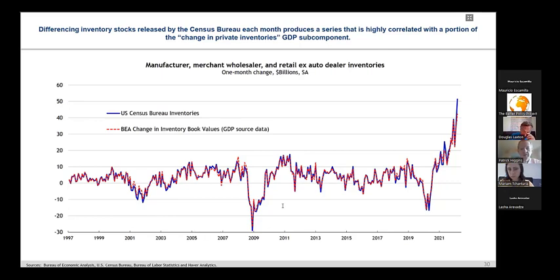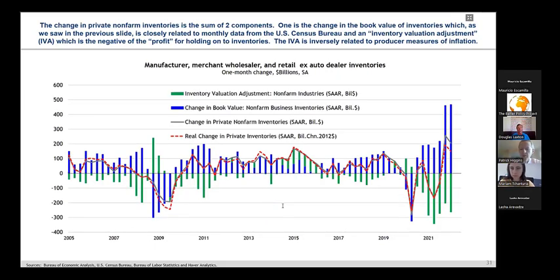One of them, the red series, is what's actually going to feed into GDP, and the blue line is the book value. These are for almost all industries, like manufacturers, merchant wholesalers, retailers excluding auto retailers. And so this data is going to capture it pretty well. But this is only part of what the BEA is actually going to use to estimate the change in inventory investment.